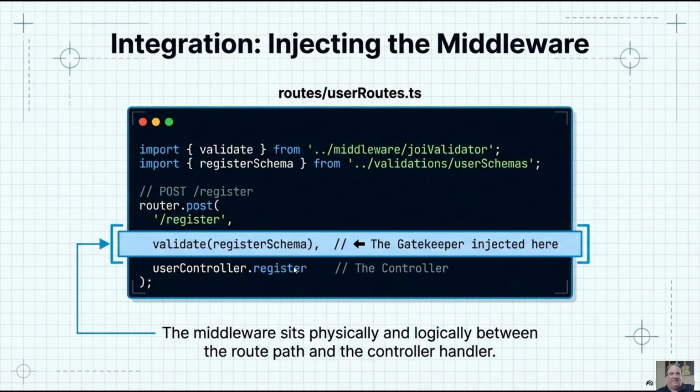We're going to be doing things a little bit differently than this, but the most important thing is the validate(registerSchema) here, okay? See how the middleware sits physically and logically in the route path, right?